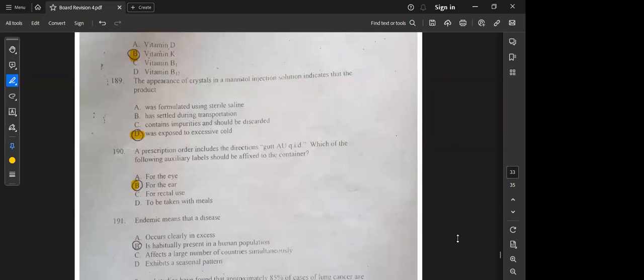I think we'll just send a picture of all these instructions to the group so we can move on.